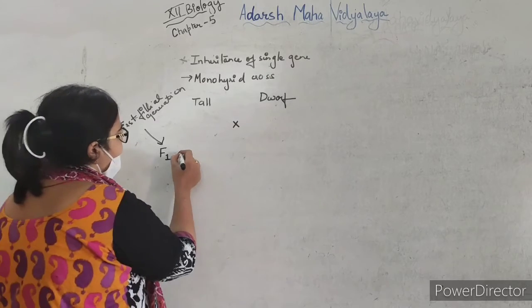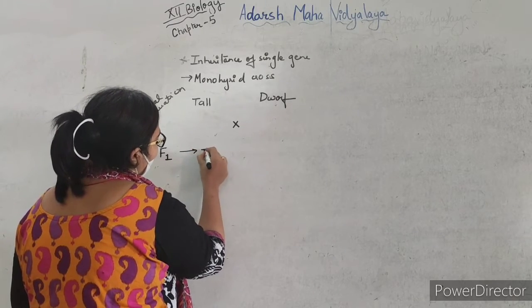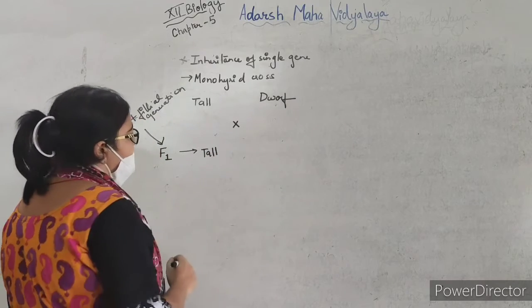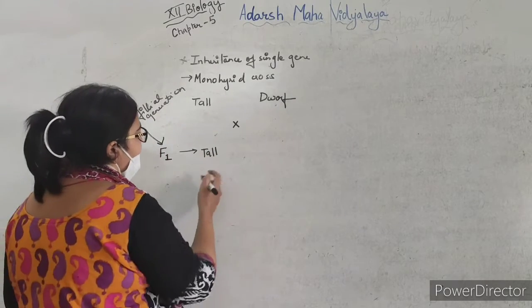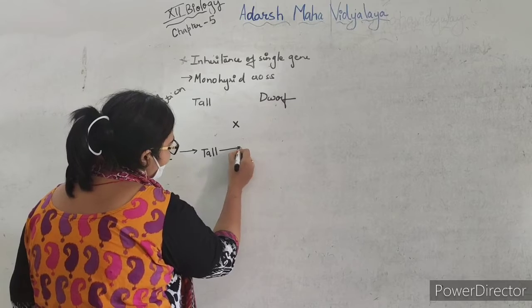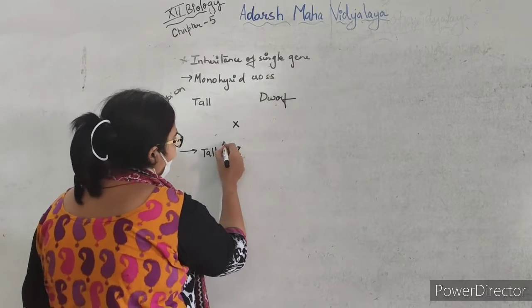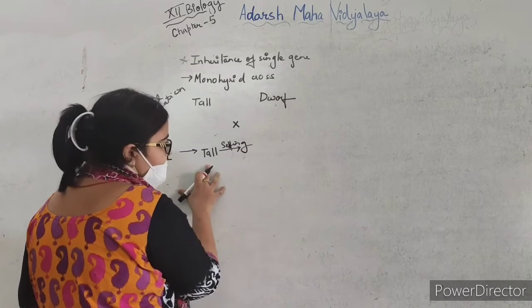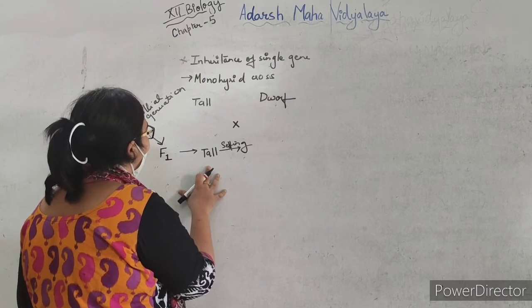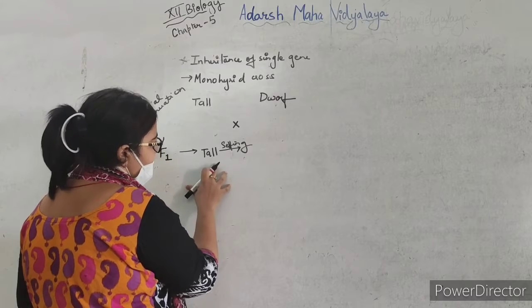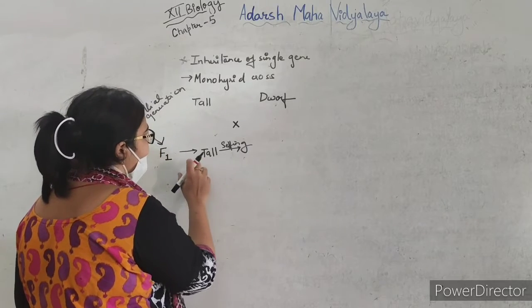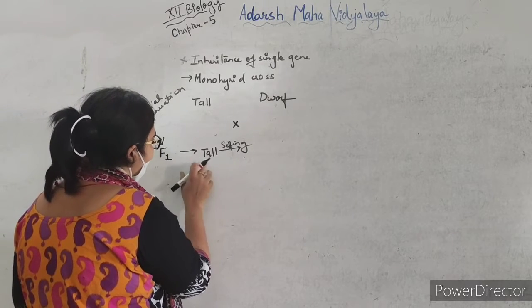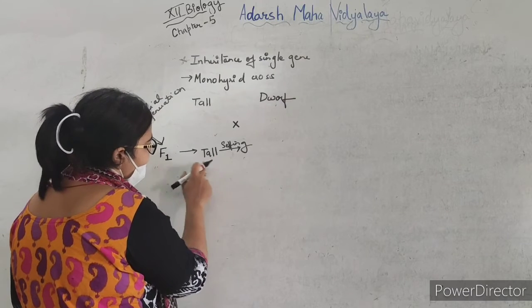He got all the plants which were tall. Now again he did what? He did the selfing of these tall plants. He did the selfing of the plants which were obtained in this F1 generation.